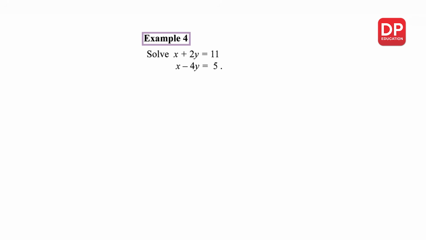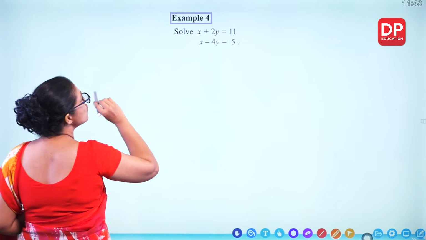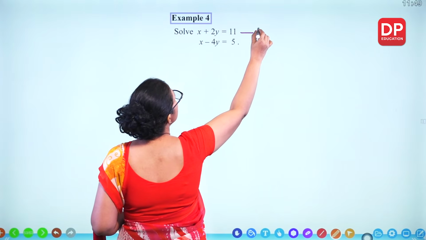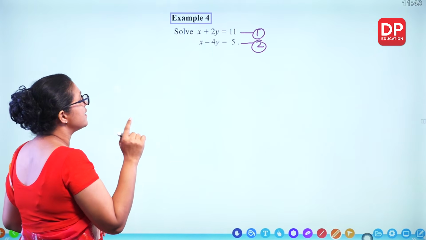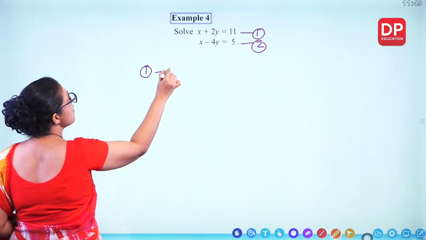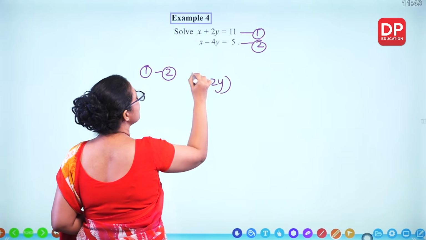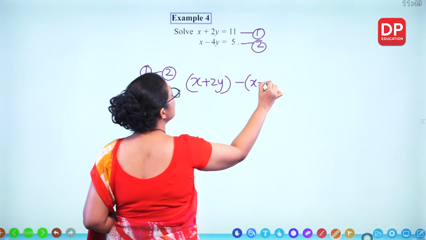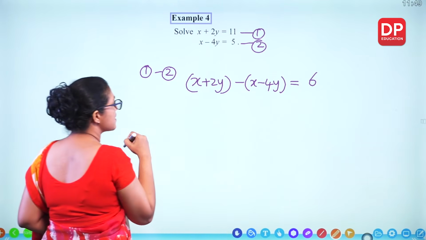Example number 4. Look at the coefficients. X coefficients are the same, so you can subtract the two equations because they have the same sign. So we'll subtract 1 minus 2. Take the first one, subtract the second one. 11 minus 5, you get 6.